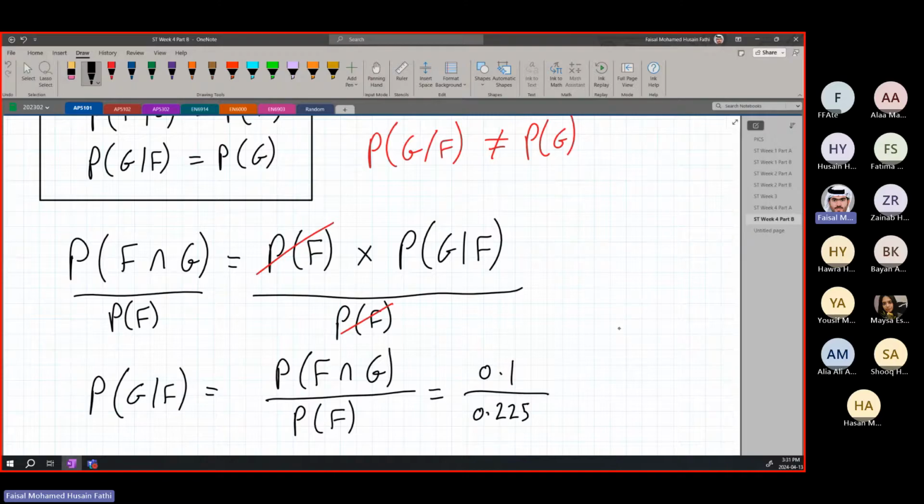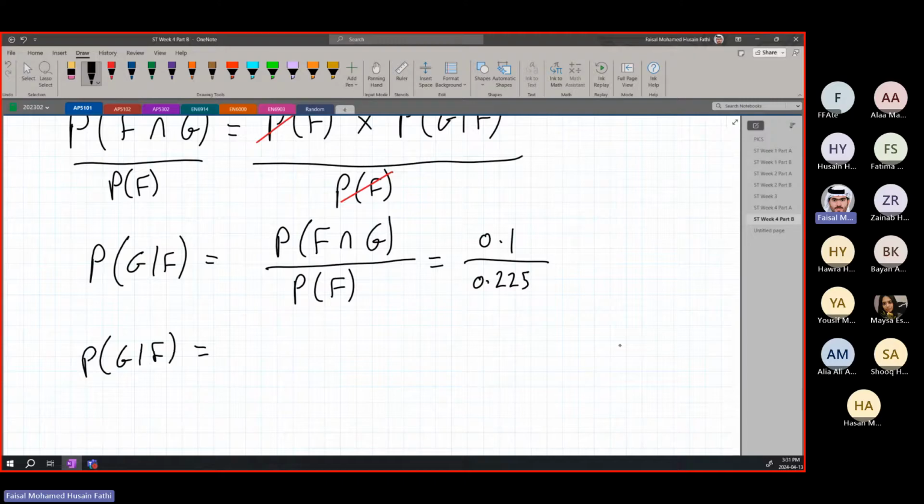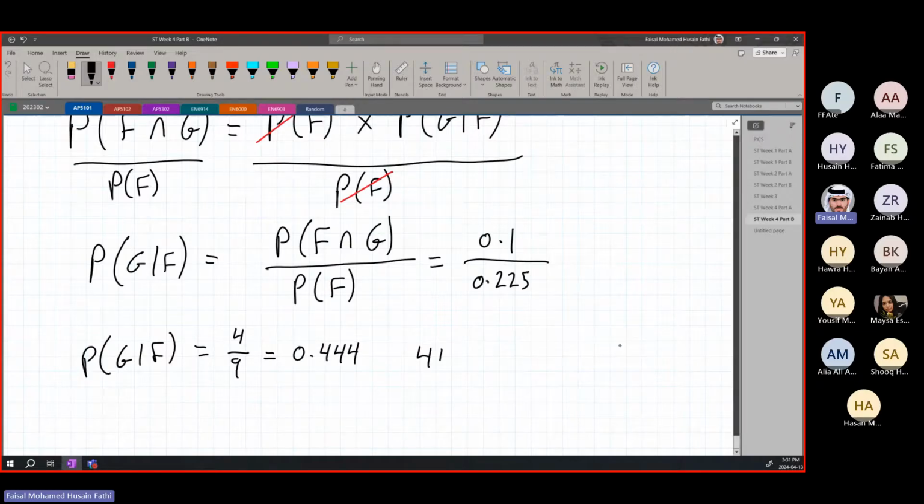So we're going to find out that P of G given F is equal to 0.1 divided by 0.225, which is equal to 4 over 9, or 0.444, or 44.4%. This is the probability we found for G given F.